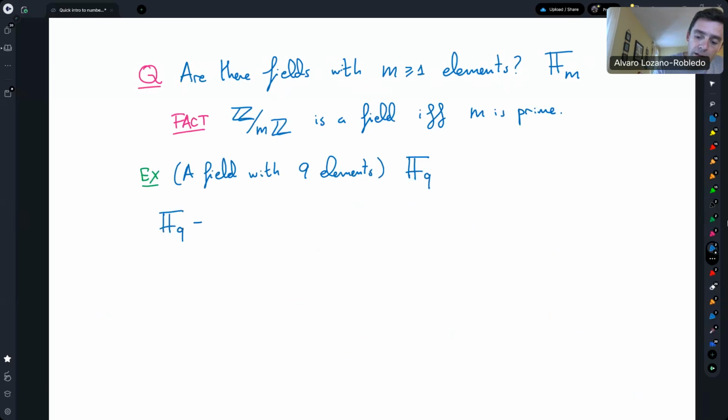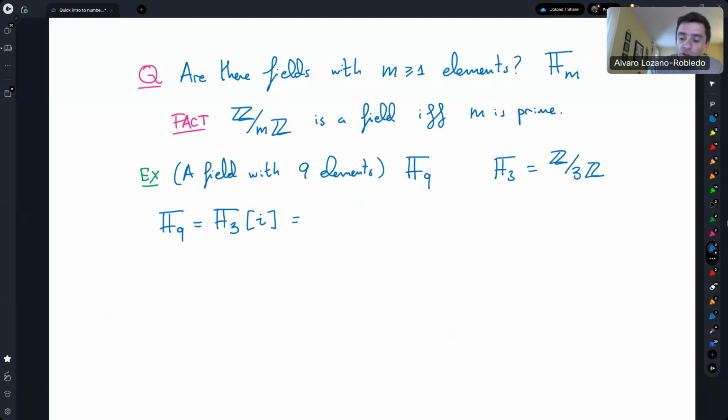F9 can be built as F3 adjoin i. So I'm going to start from F3, where F3 is Z mod 3Z, that we know is a field with 3 elements. And I'm going to adjoin one more element called i, like the i in the complex numbers, such that i squared is -1.